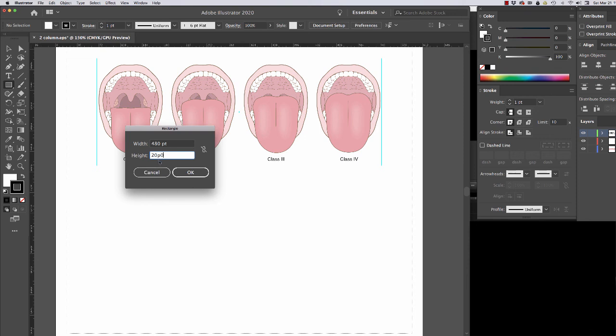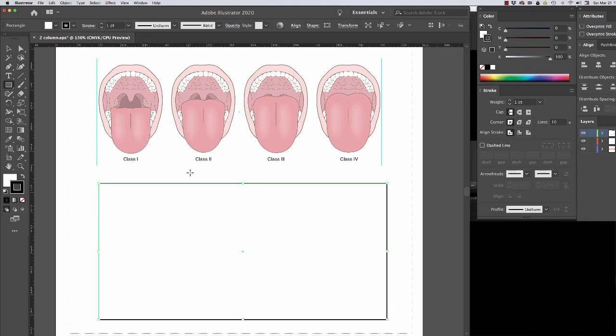I enter it in picas, but it's automatically converting it to points, but that's okay. And so I've created a box that is the correct size.